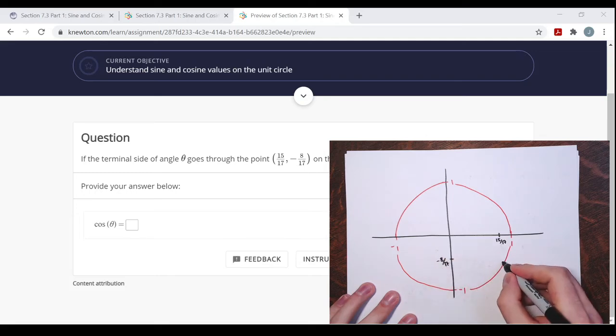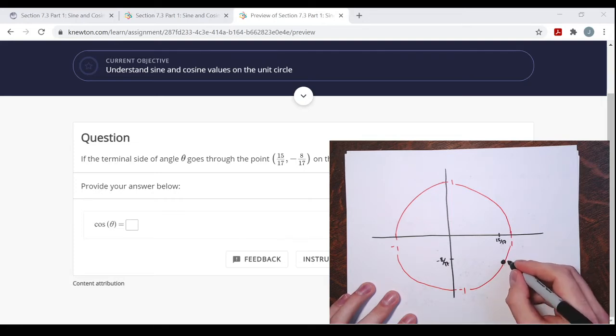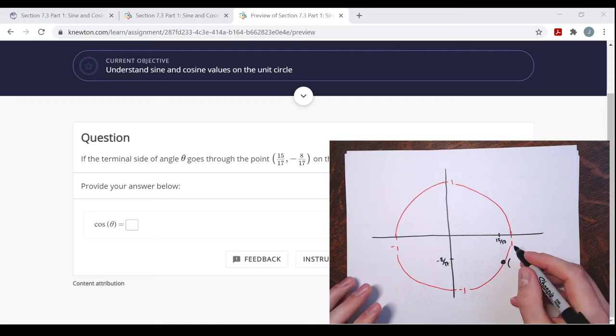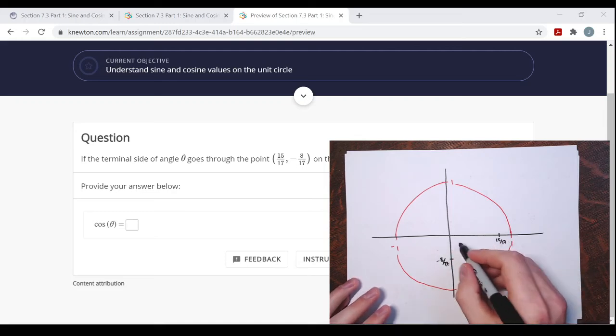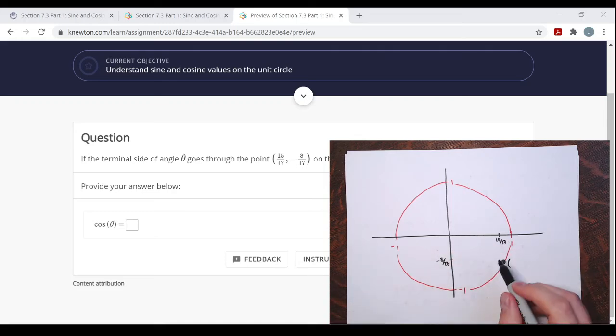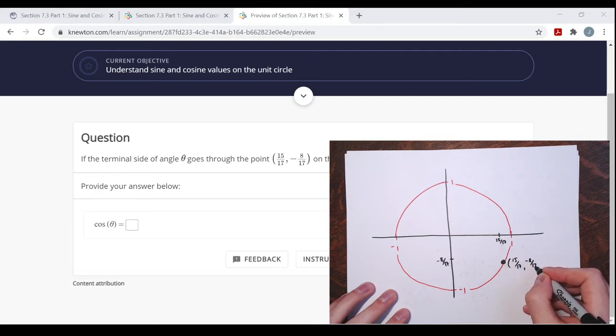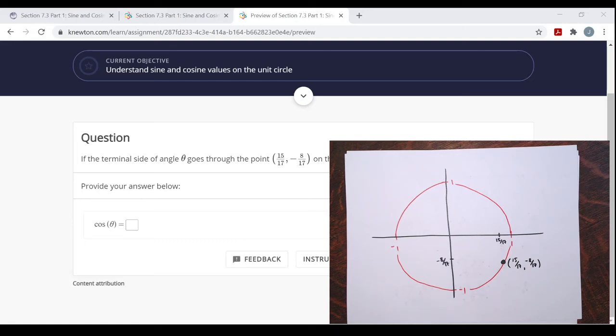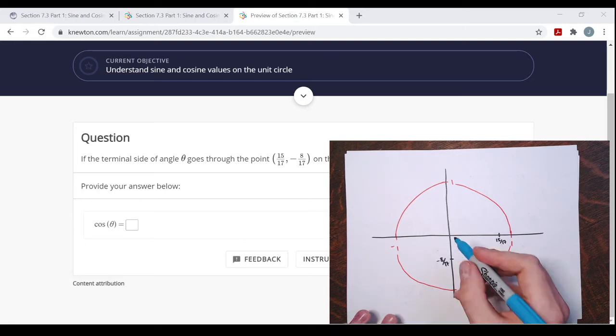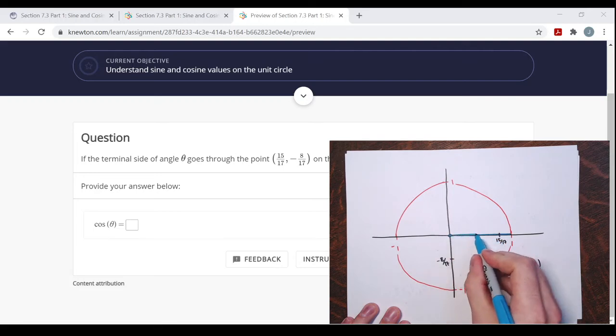So this point right here, this isn't perfect, right? This point right here is on the unit circle. You could do the distance formula and see that it is 1 unit away from the origin. So 15/17, -8/17. All right, so we're told that an angle is drawn, starting from the positive x-axis.